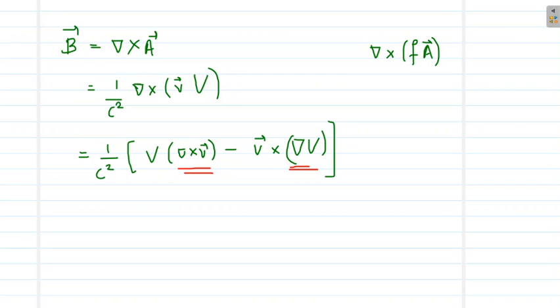So please go through the derivation of electric field of a moving point charge. There in equation 8c we had derived the equation for del cross V bar, and that was found to be equal to minus A bar cross del TR, and the equation of del TR was also found in that derivation.